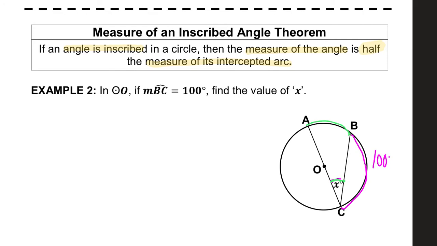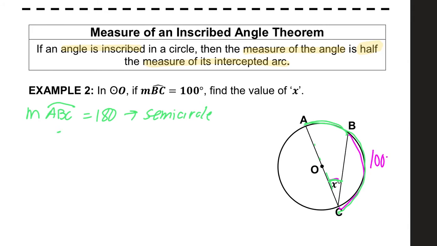Well, if you take a look, we're going to look at the measurement of arc ABC. Follow that around. ABC is equal to 180 degrees because it's a semicircle. How do I know? Because segment AC is the diameter, cutting the circle in half, creating 2 semicircles.